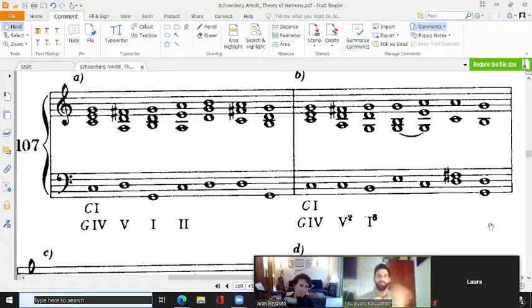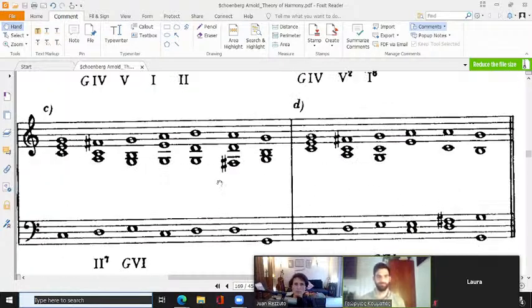There is no other voice that would take the fifth. If the alto took the fifth, we would have parallel fifths, which we wouldn't like. Exactly. Very good. And because it's an inner voice, we'll miss it. Very good, Georgios.